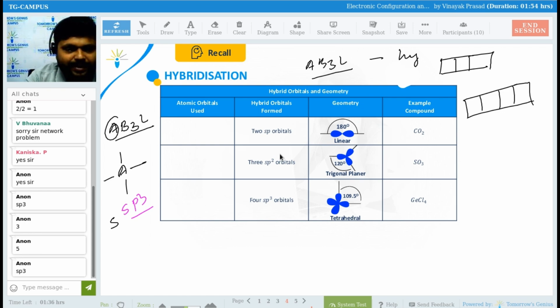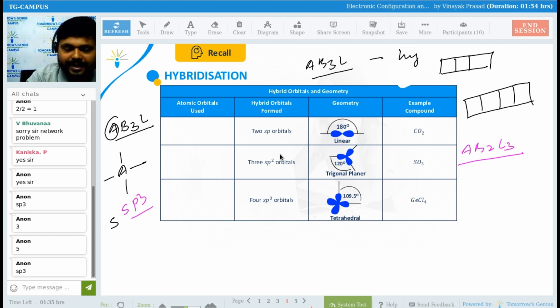Got my point? If I will ask one more question, will you be able to give the answer or not? Yes, sure. Giving me assurance. Guys, each and everyone has to try for this question, and please write your answer as soon as possible in the chat section. The question is AB2L3 this time.